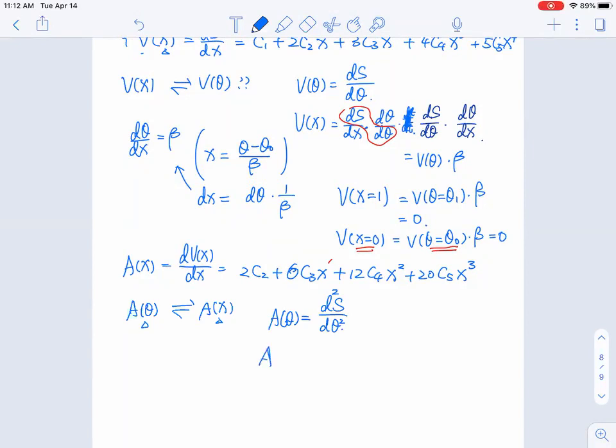Your Ax is d squared S dx squared. So what you do is dx twice, d theta twice. Then you can see that it is simply A theta times beta squared.